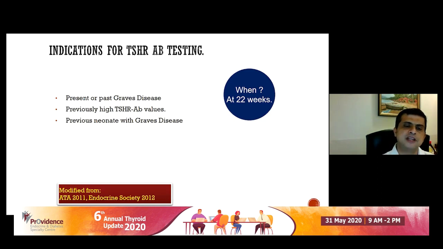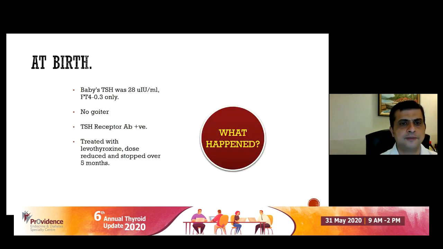And if there is a previous neonate born to a mother with Graves' disease, you need to check the TSH receptor antibody. So there is no need to do the TSH receptor antibody in every case. It's a costly test. Remember, you cannot do a radioiodine or a nuclear scintigraphy in pregnancy because it is contraindicated. So in pregnancy, when you suspect Graves' disease, please do a TSH receptor antibody.